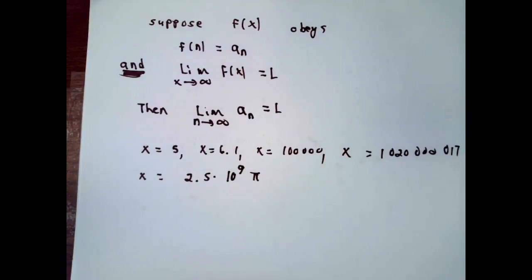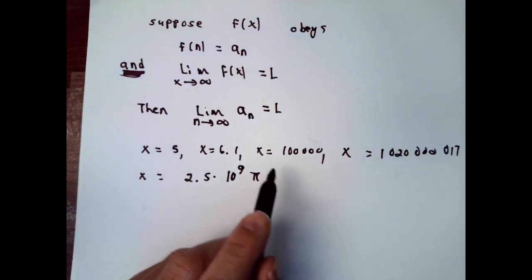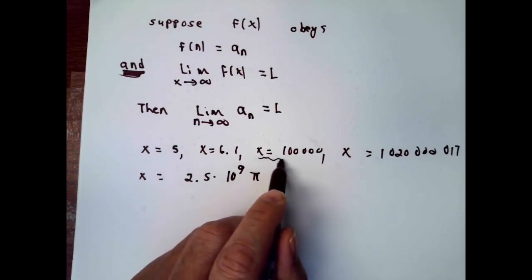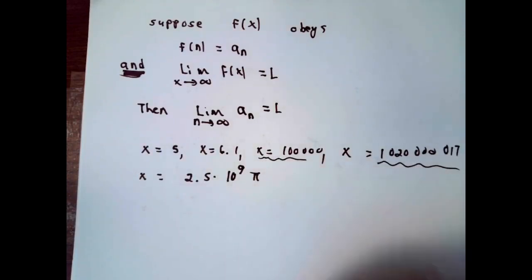Amongst all of these x's that are getting really big, you also find all the positive whole numbers that are getting really big. So if these f of x numbers settle down to something, just think about the f of x's that go with whole numbers. The f of x's have to approach L. The a sub n's have to approach L also.